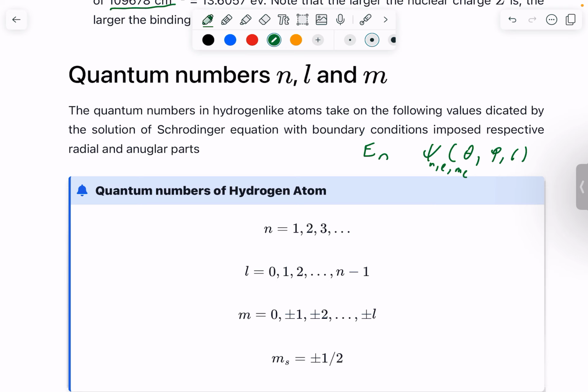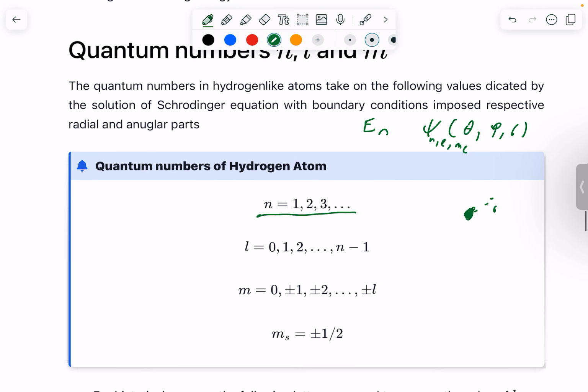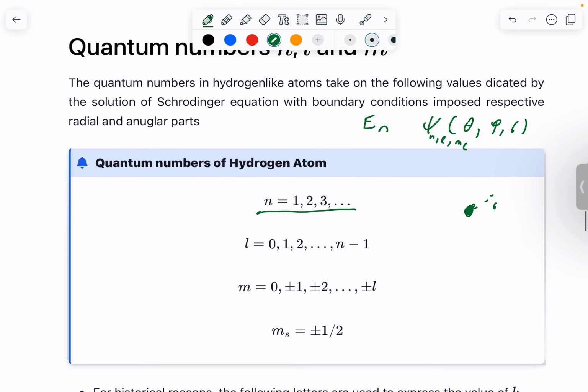The answer is the special symmetry of the hydrogen atom, where the only thing that matters is the distance from the nucleus. So it's spherically symmetric, so the angles don't make a difference. Only thing that matters is the distance. That explains why the energy ends up depending only on quantum number n. And this situation has a word that describes it: energetic degeneracy, meaning that regardless of what values the other quantum numbers take, you end up with the same energy.